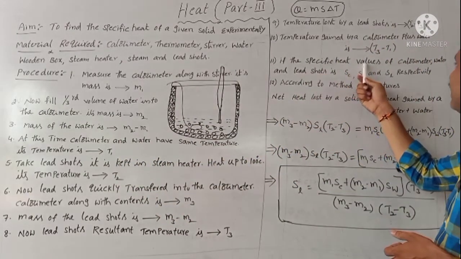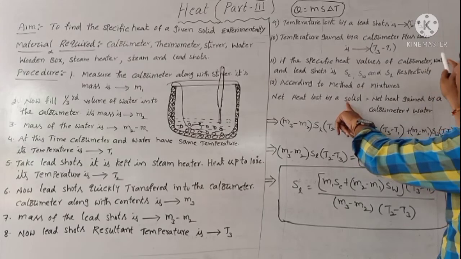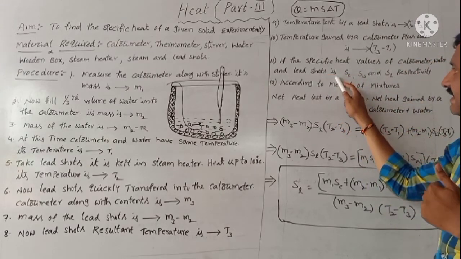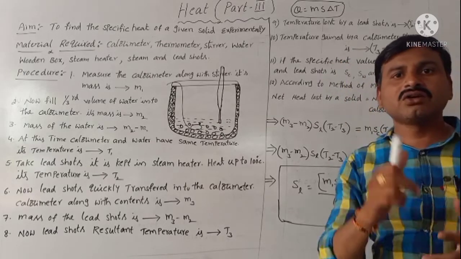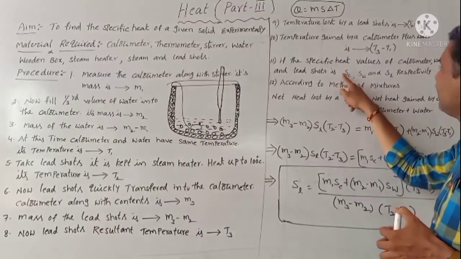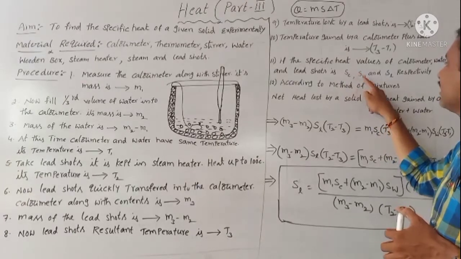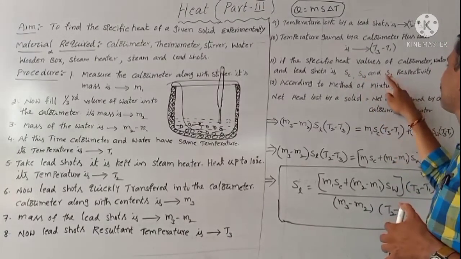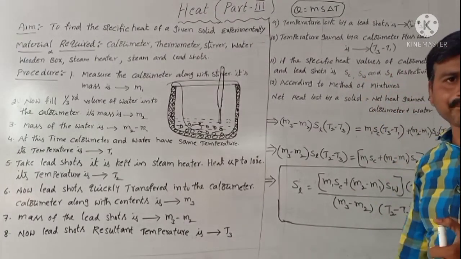The specific heat values of the calorimeter, water and lead shots: you already know specific heat is denoted by the letter S. So the calorimeter is SC, water is SW, and lead shots is SL respectively.